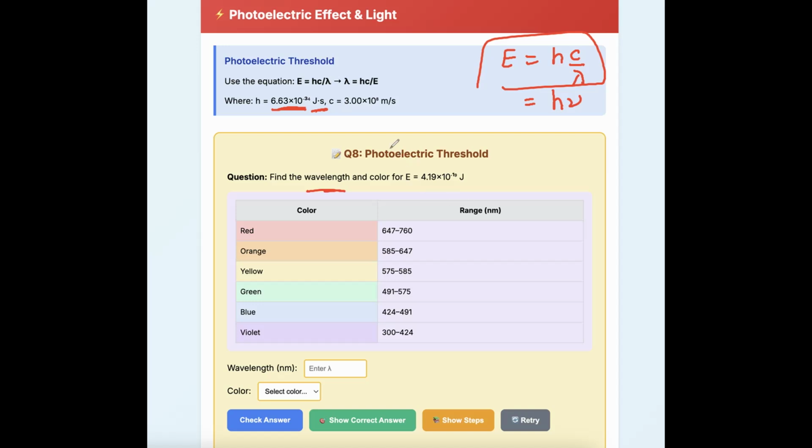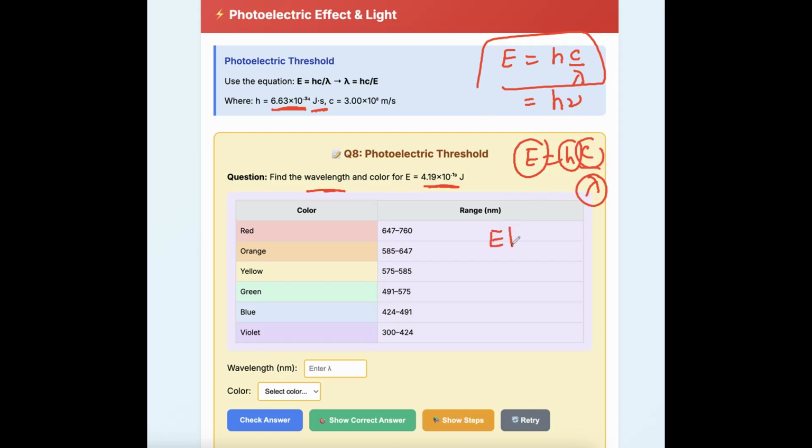So I will just use the equation E is equal to hc over lambda. I have the energy already, 4.19 times 10 to the power of negative 19, and I have Planck's constant and c, so lambda is very easy to find.